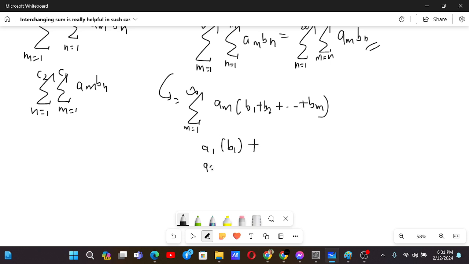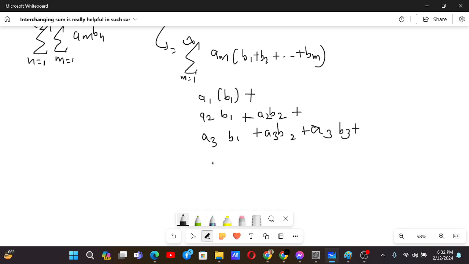When m is 2 we have a_2 b_1 plus a_2 b_2. When m is 3, we have a_3 b_1 plus a_3 b_2 plus a_3 b_3. And the same for 4: a_4 b_1 plus a_4 b_2 plus a_4 b_3 plus a_4 b_4, and that ends.